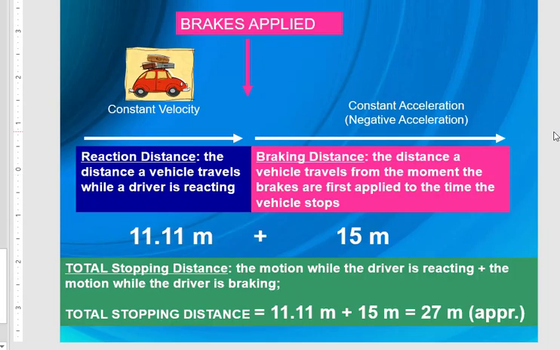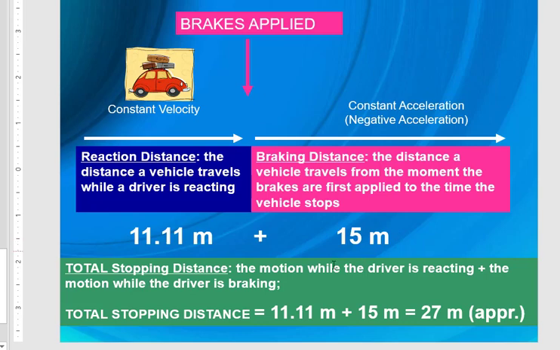So just to summarize, guys, the reaction distance is when you're moving at constant velocity, you multiply that 22.2 meters per second times your reaction time. You get that first part, reaction distance. The second part is your braking distance. And again, I want everyone to use this 15 meters for your braking distance.